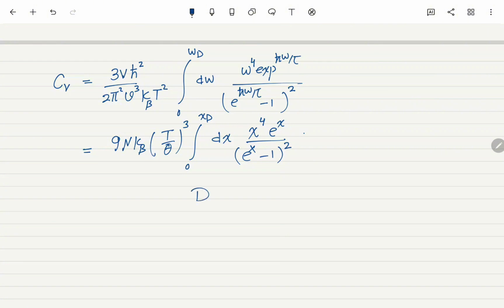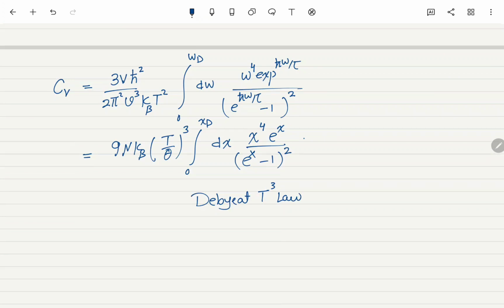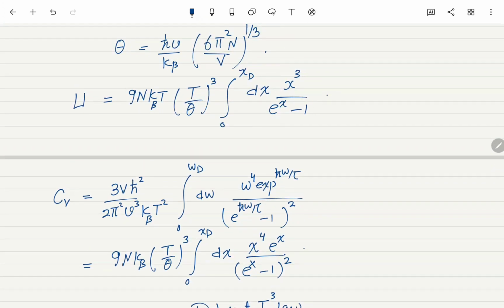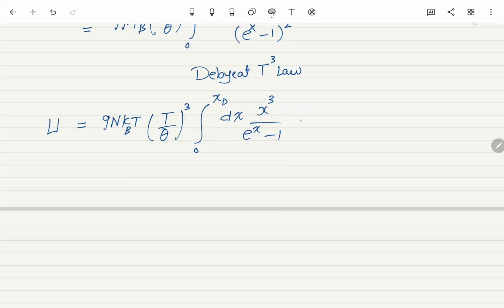In this case, Debye T cube law. Back to the equation, this one here, I'll just move it down. At very low temperature, the upper limit of the integral will become infinity.